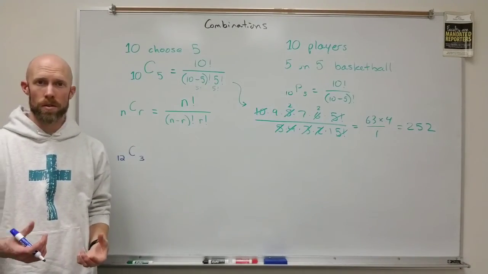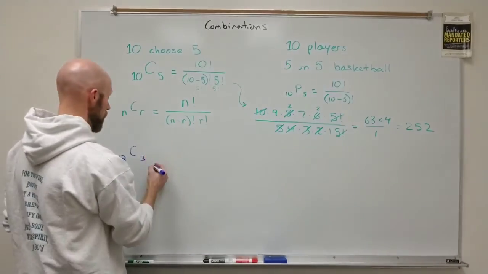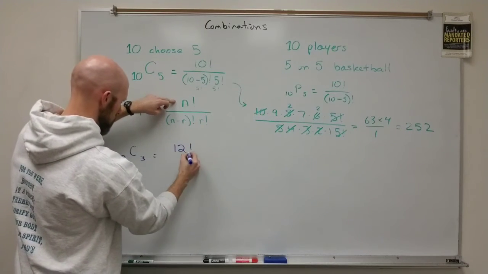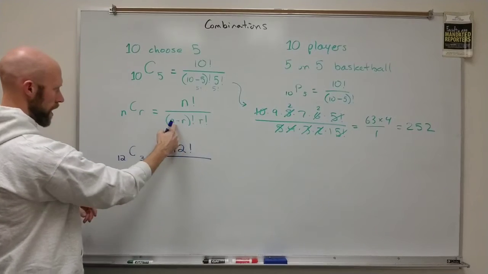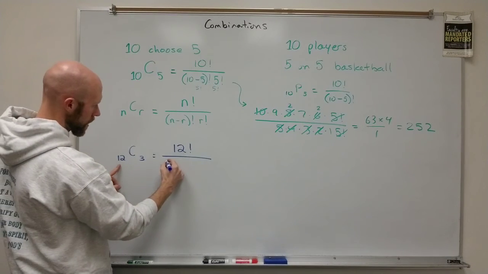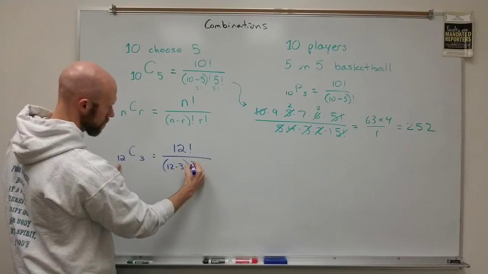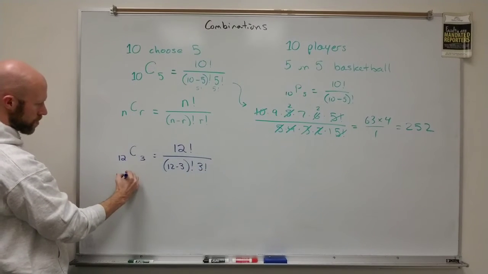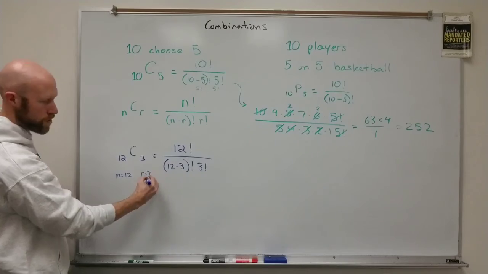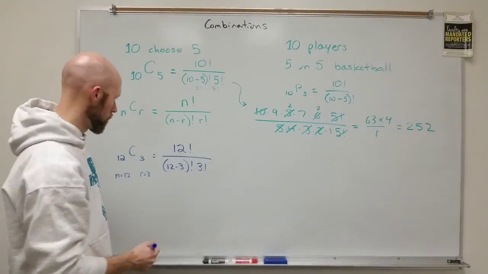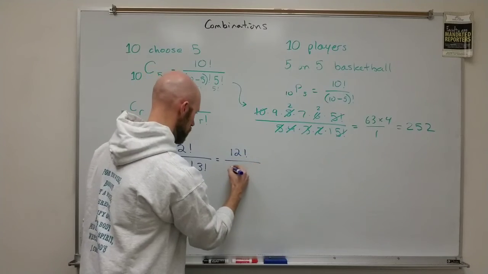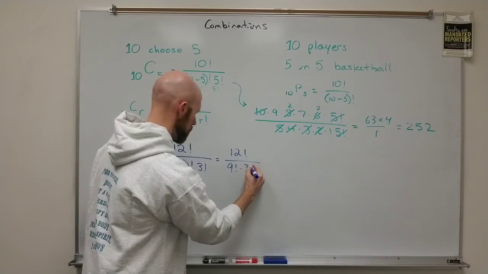So the formula would be 12 factorial over n minus r, which would be 9, right? 12 minus 3 factorial times 3 factorial. So the n is 12, the r is 3, and then you just have to evaluate it. It's 12 factorial over 9 factorial times 3 factorial.